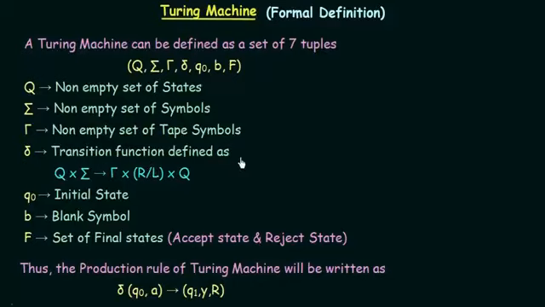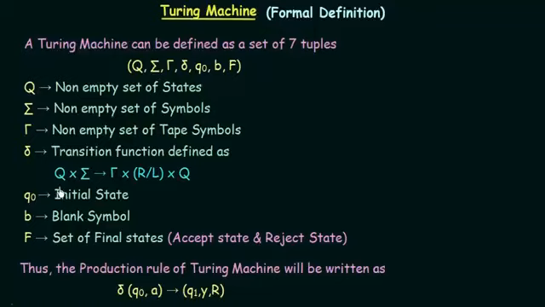We know that transition functions are there even in finite state machines and pushdown automata, and they are defined in different ways according to how the machines work. In case of Turing machine, we have the transition function del, which is defined like this: Q cross sigma to tau cross R or L cross Q. Now let us see what this actually means. We know that in Turing machine we have states, input symbols, and also the tape symbols.